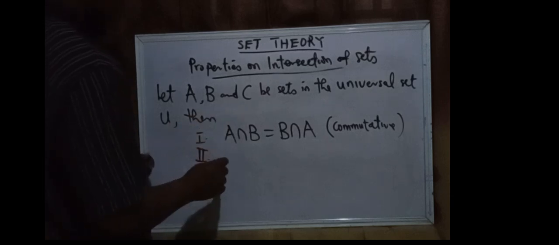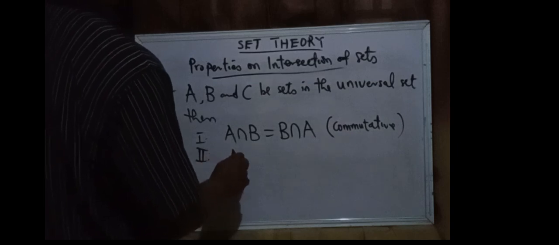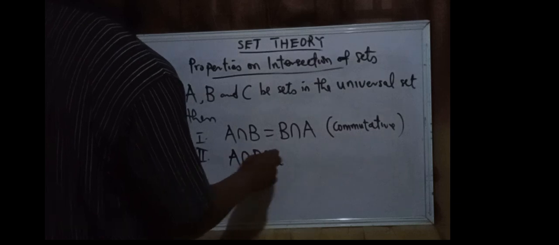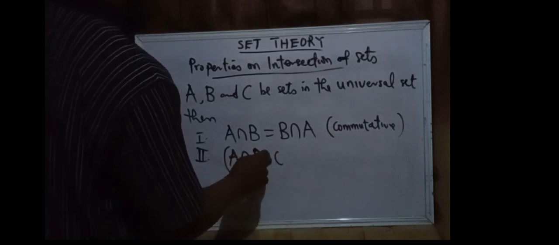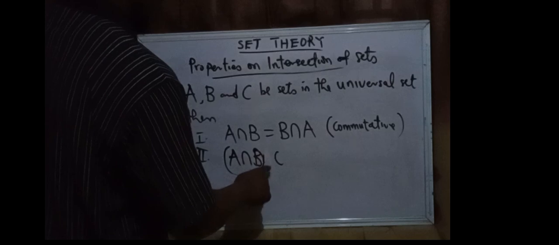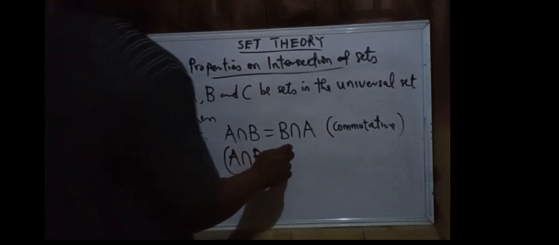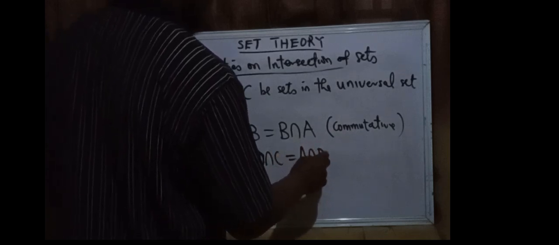So number 2, the associativity law, shows that if you group the intersection of A and B, then intersect with C, this is similar to the intersection of A with the intersection of B and C. We refer to this as the associative law.